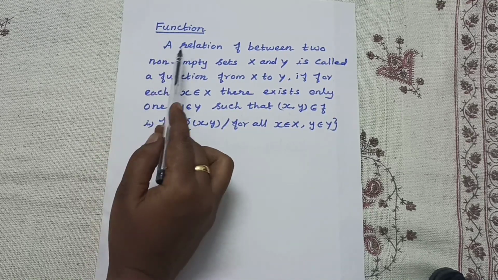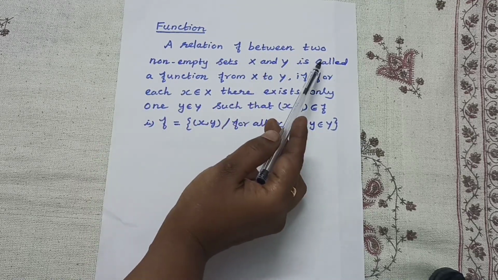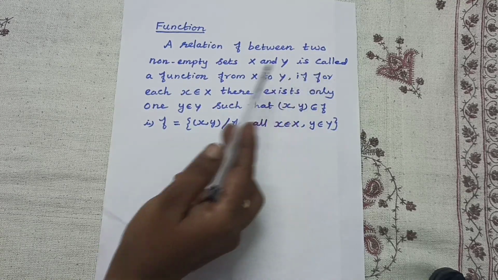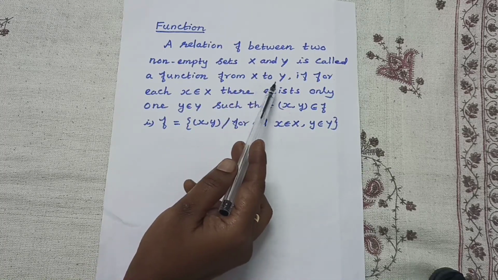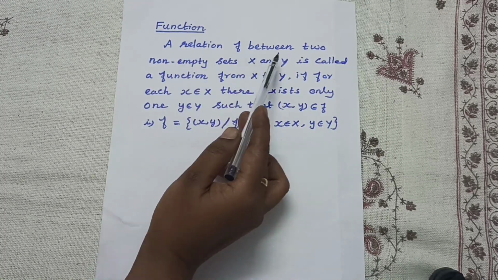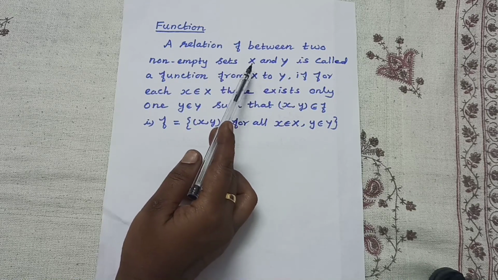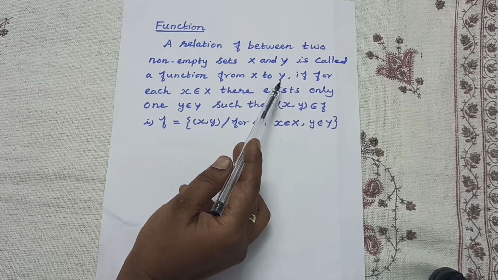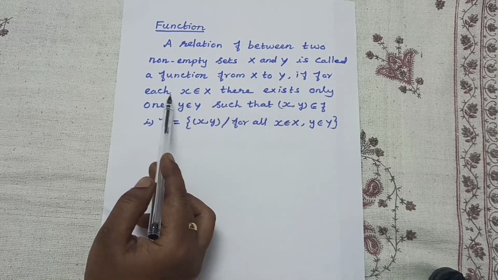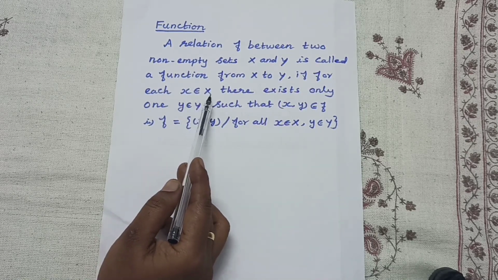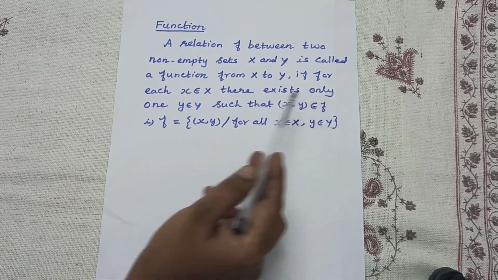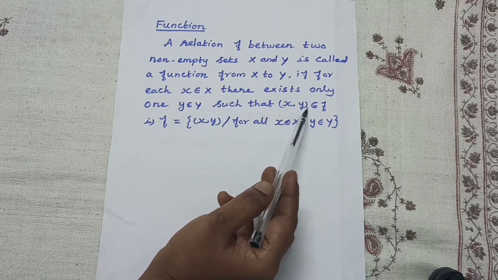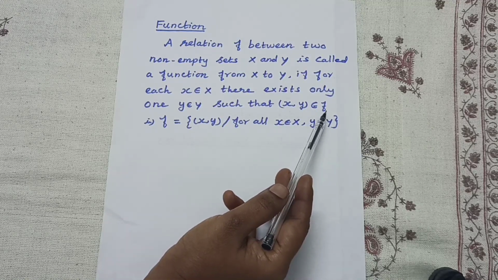A relation f between two non-empty sets X and Y is called a function from X to Y, if for each x belongs to capital X, there exists only one y belongs to capital Y, such that (x, y) belongs to f.